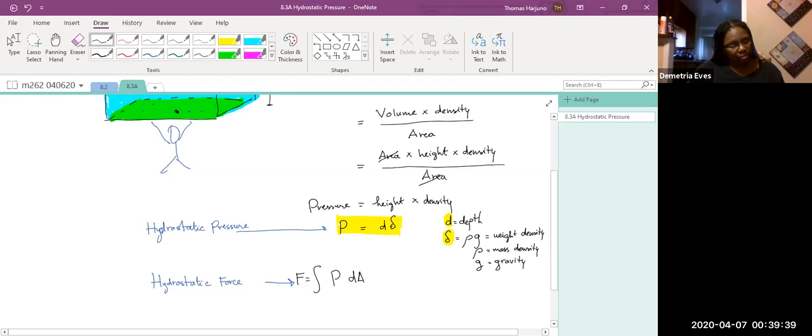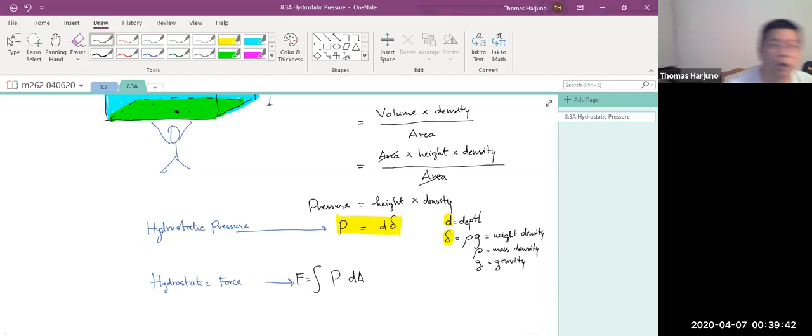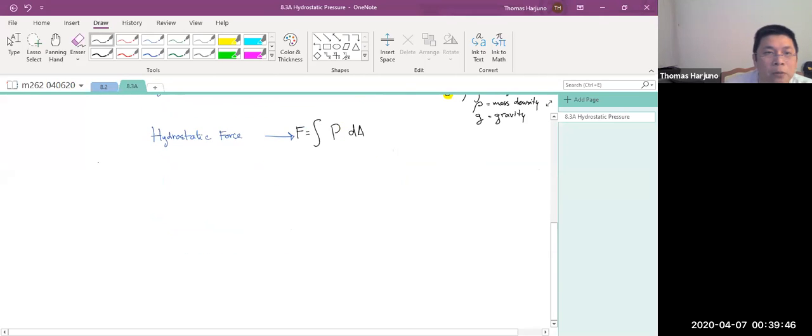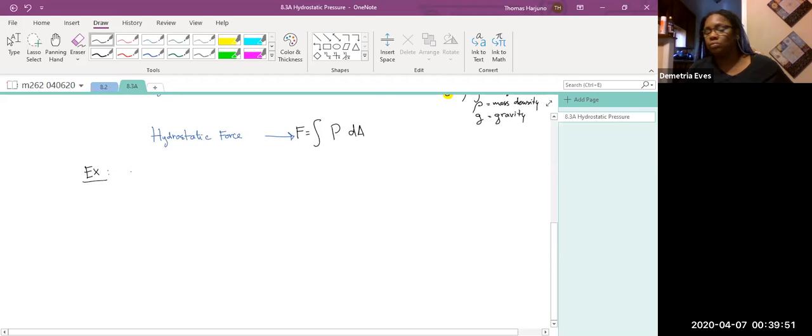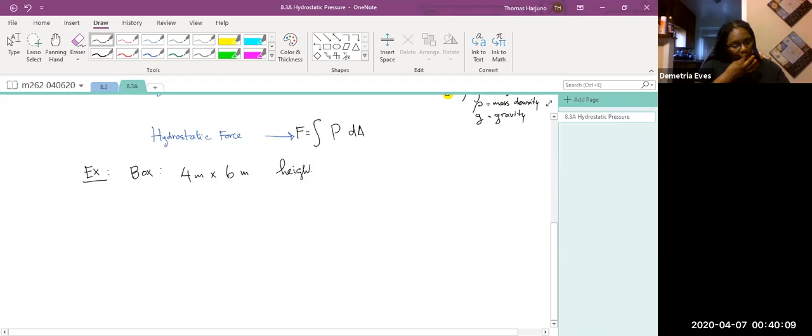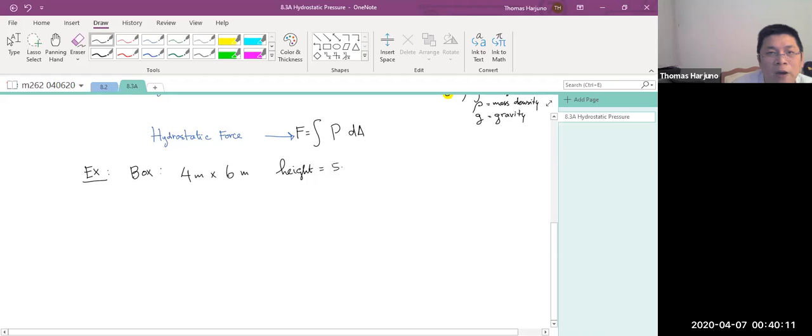Okay. Now, just to make it easy for us, let's do an example. Suppose I have a box filled up with water, and the dimension of the box is 4 meters by 6 meters, with the height to be, let's say, 5 meters.